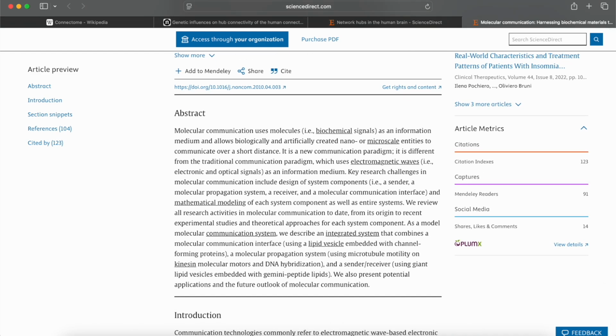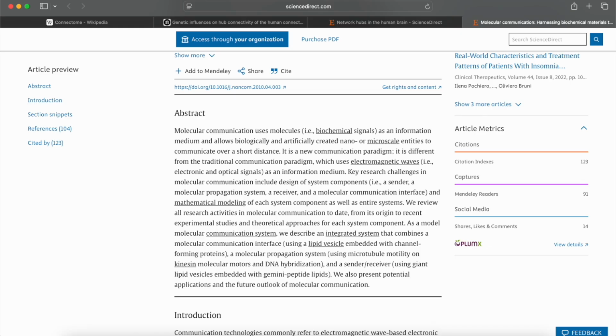Molecular communication uses molecules, like biochemical signals, as an information medium and allows biologically and artificially created nano or microscale entities to communicate over a short distance. It is a new communication paradigm. It is different from the traditional communication paradigm, which uses electromagnetic waves, like electronic or optical signals, as an information medium.